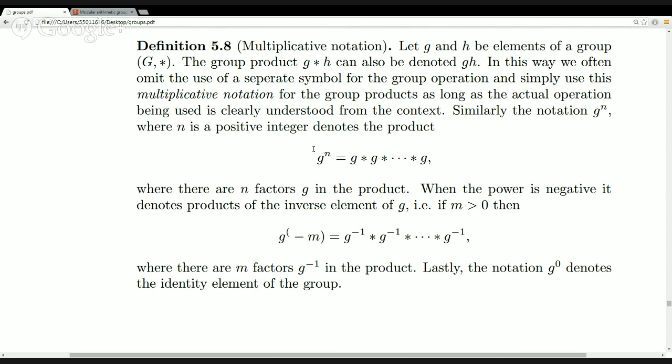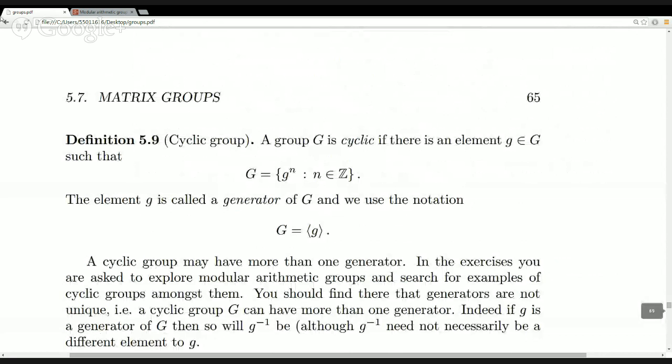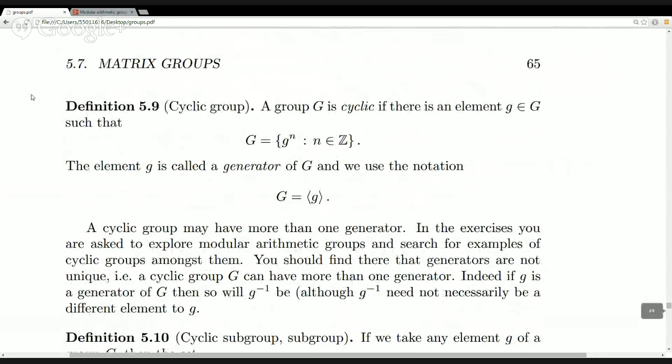Then using this idea, we can define a special type of group. This special type of group is called a cyclic group. A group is cyclic if it has a special type of element, and this special type of element is called a generator. And the special job that a generator does is, as its name implies, it generates all the elements in the group using whatever the group operation is.